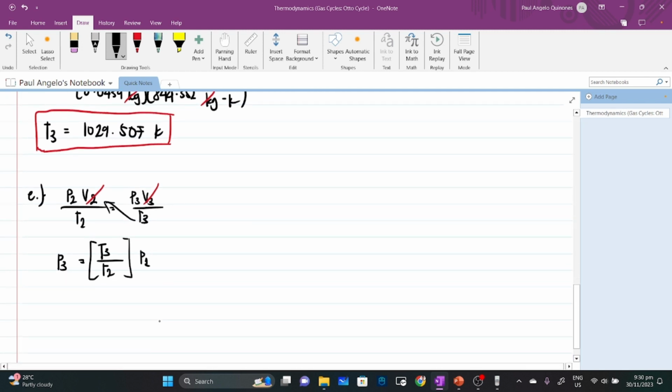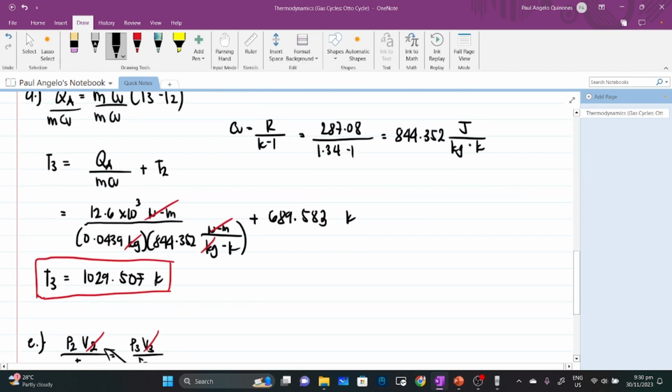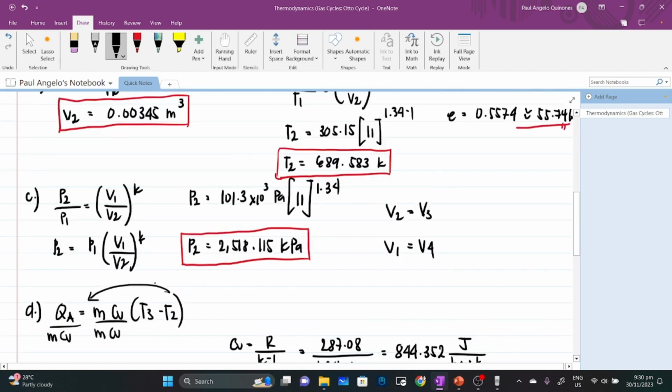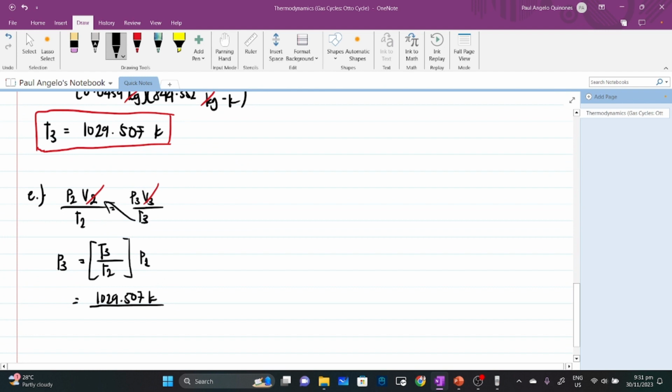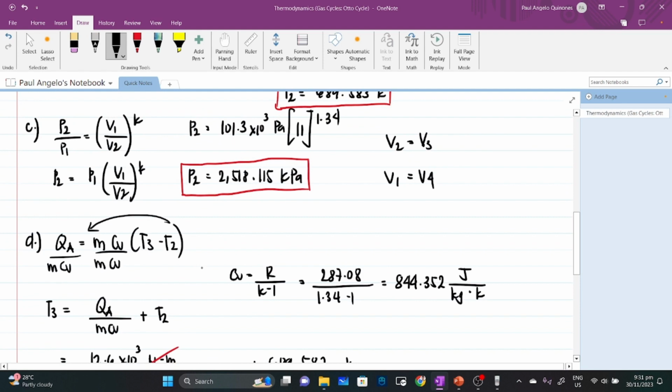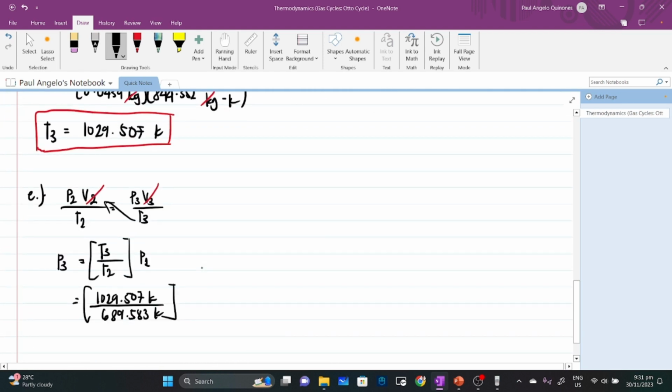Okay? So T3 is 1029.507 Kelvin over T sub 2. T sub 2 is 689.583, that is Kelvin as well, times P sub 2. P sub 2 is 2518.115, so that is kilopascal.